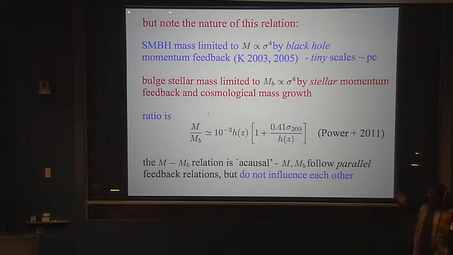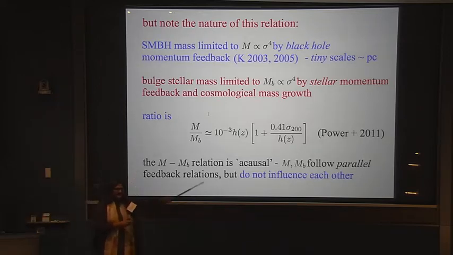The bulge is assembling, the black hole is assembling, and they just interact through these outflows, and they do not actually influence each other. So that's one of the predictions of this model, which means that depending on the details of the outflow, we will derive a slightly different tilt for the M-sigma relation that is measured for, say, cluster galaxies and other galaxies, because you are living in a different environment, and how far out the outflow can go is different. So the gas distribution would be different, right?